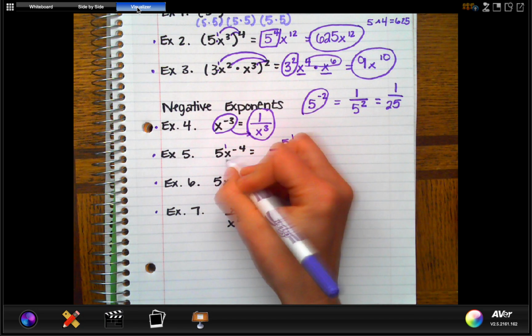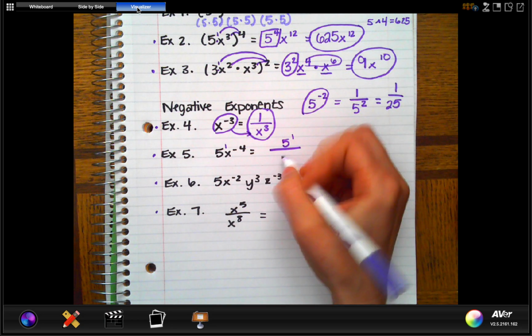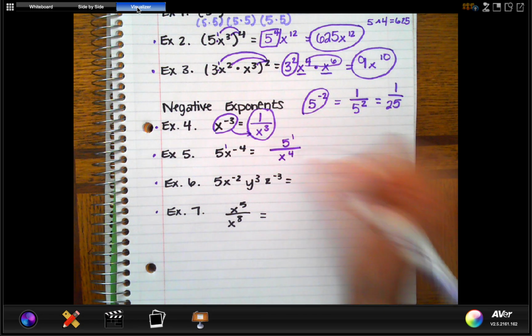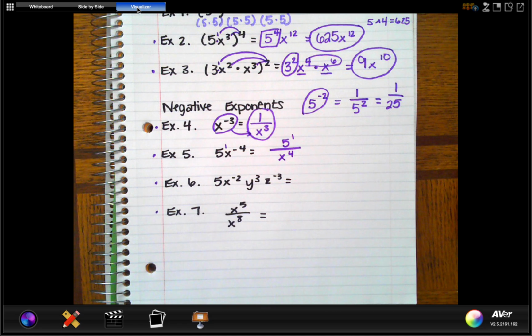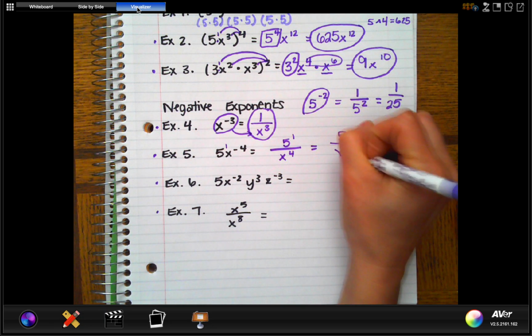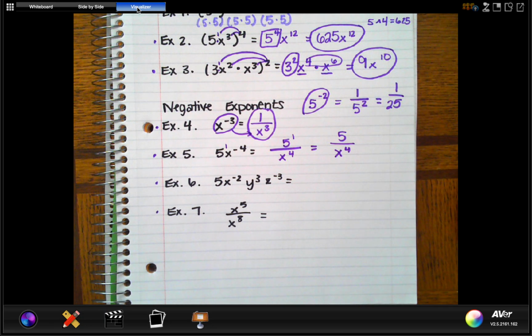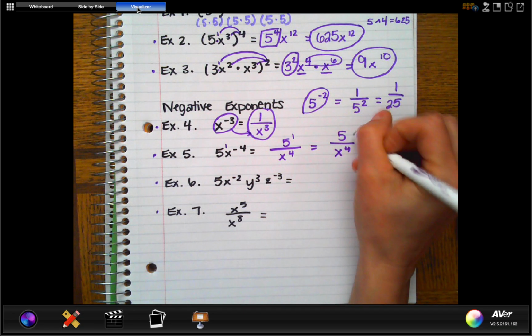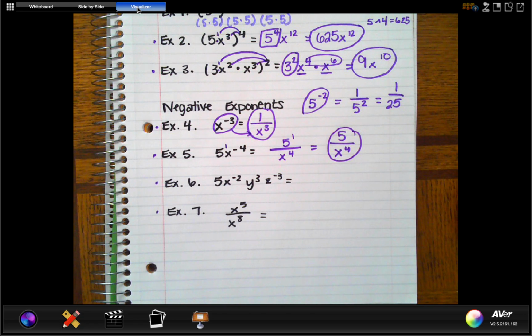And x to the negative 4, just like before, is going to go to the bottom, and we get rid of the negative. And so technically that's the correct answer. You don't have to write a 1 on that 5 because it is understood. So either answer is correct here. If you're taking a test, probably this would be the answer you would see.